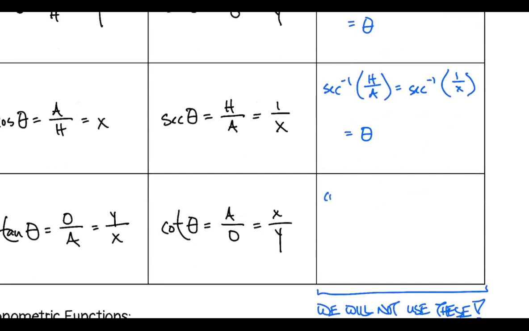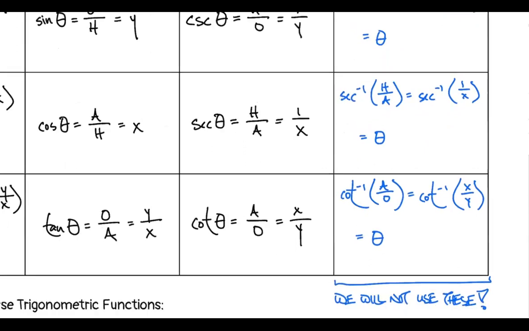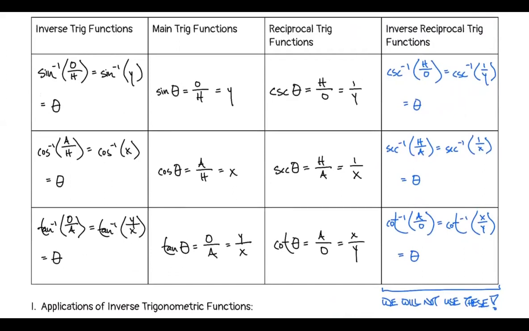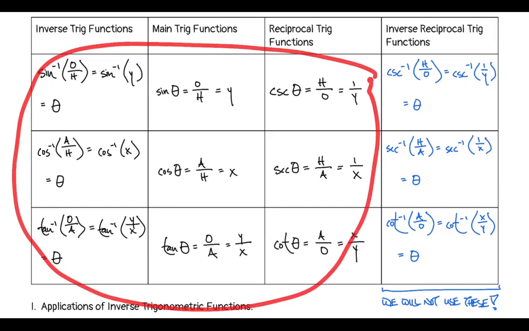And finally, inverse cotangent would be taking the adjacent and opposite sides, or x over y, and either way, our answer would be an angle. Okay, so that blue column is really there for those of us who are kind of curious, like, what other things can we do? There's like so many more things we can do, okay? But in the context of this course, these three categories are the most important to be familiar with, okay?